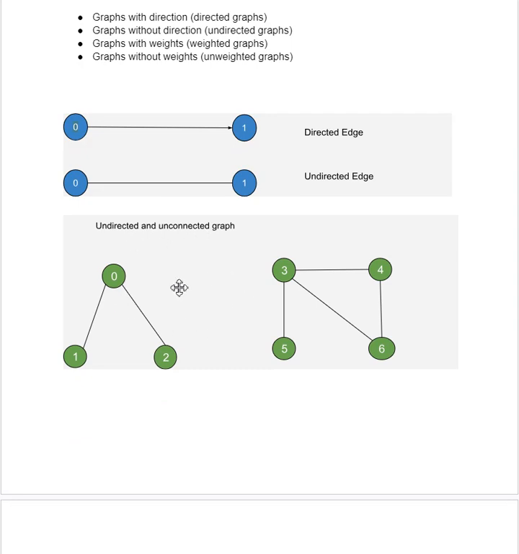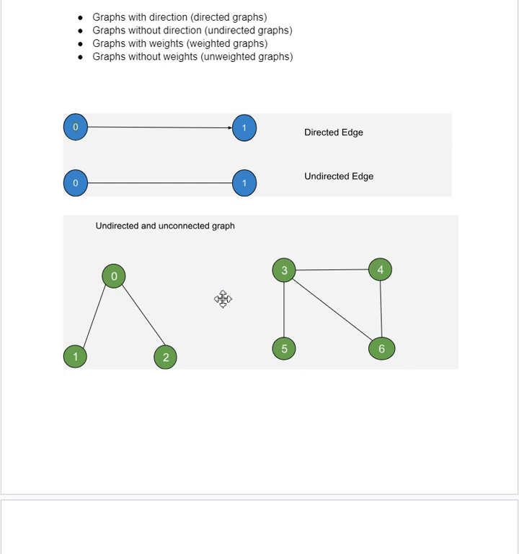So this diagram tells us that there are 7 nodes, 0, 1, 2, 3, 4, 5, 6. But this is an unconnected graph. Why? Because from node 0 we cannot go to node 3, 4, 5 or 6, and similarly from node 1 we cannot go to this portion of the graph.